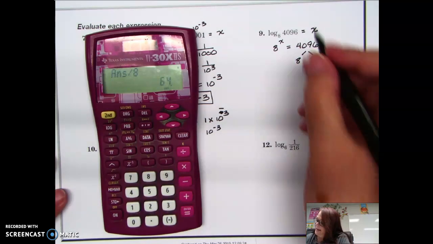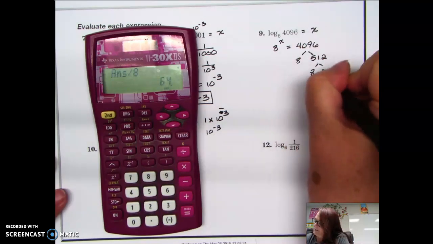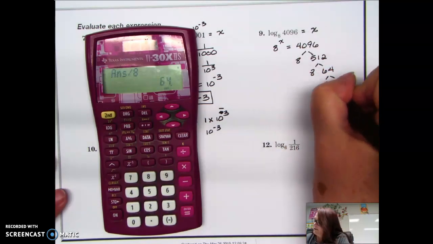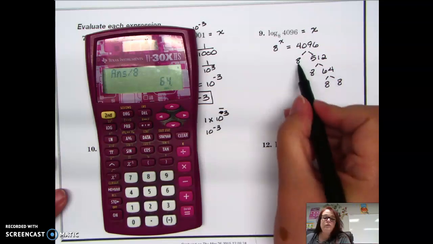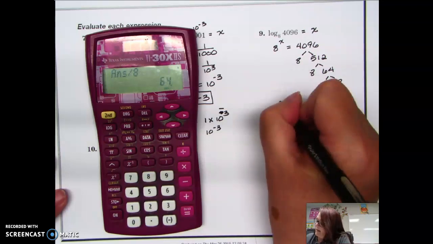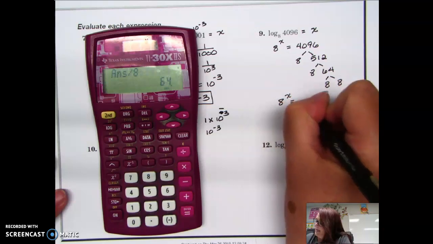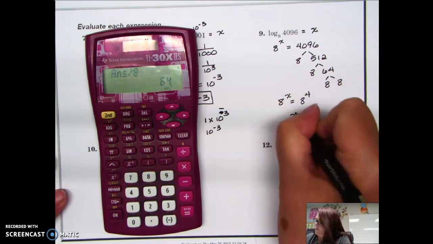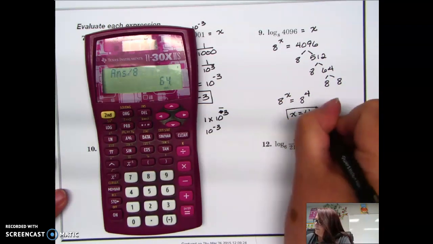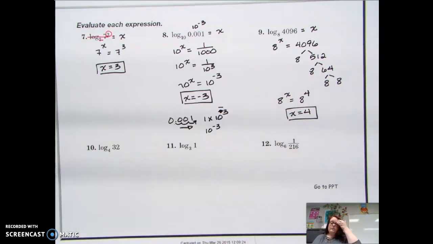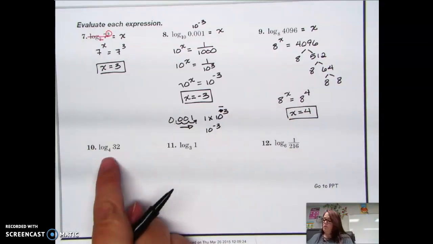And then divide that by 8, and that's going to be 8 times 64. And 64 is 8 times 8. So you'll notice we got 4 8s out of that. So we're saying 8 to the x is equal to 8 to the fourth, making x equal to 4. So with that knowledge, see what you can do with number 10.